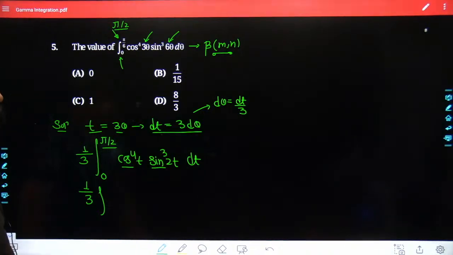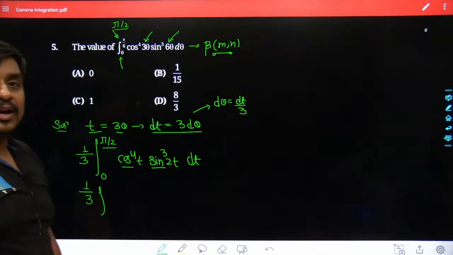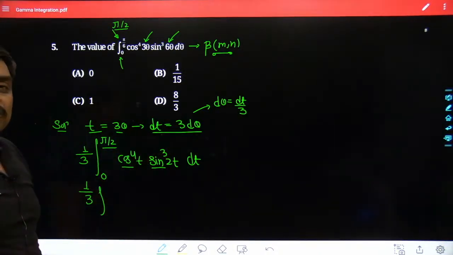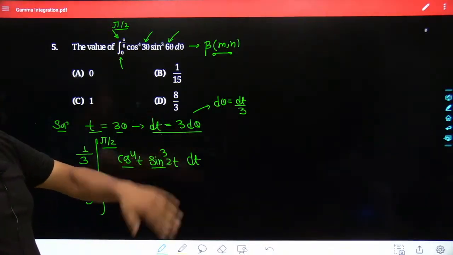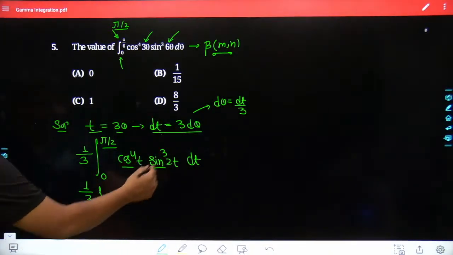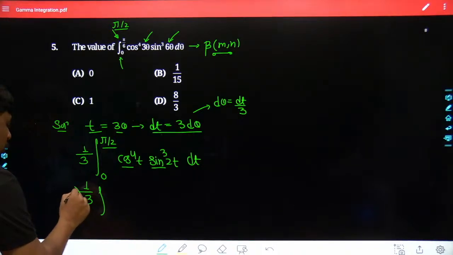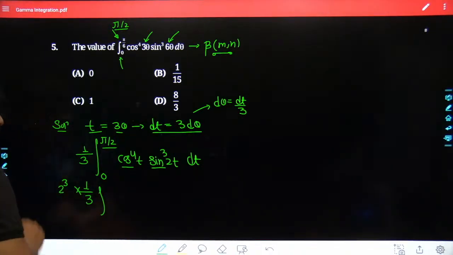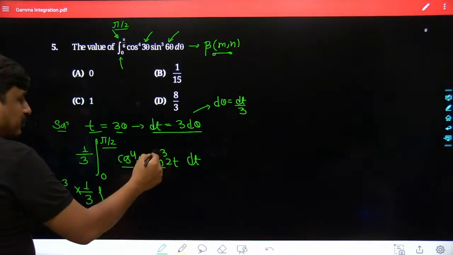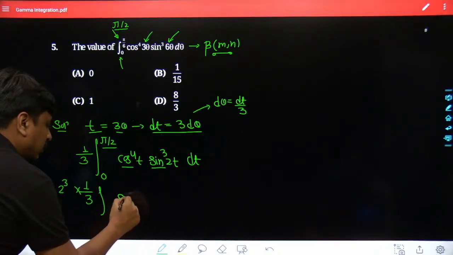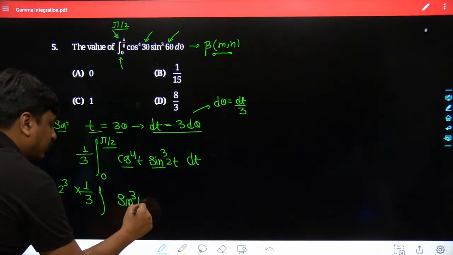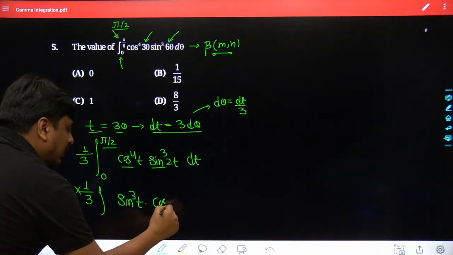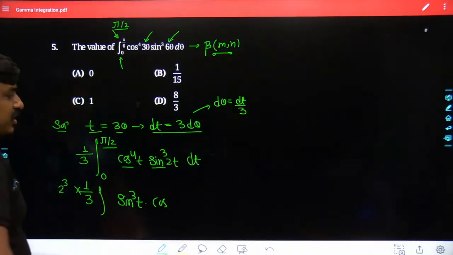So what you are going to do is use the trigonometric identity sine of 2t equals 2 sine t cos t. So what is happening over here? How many times would the 2 be involved? That would be involved 3 times. And here it becomes sine to the power of 3 t, and similarly, how many times would the cos get generated? Obviously 3 times.